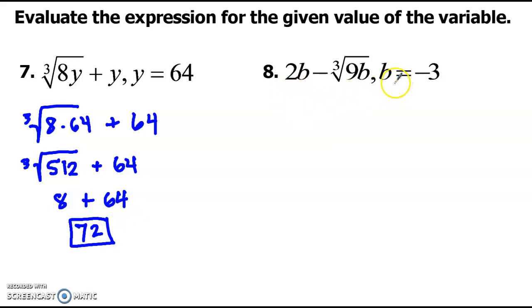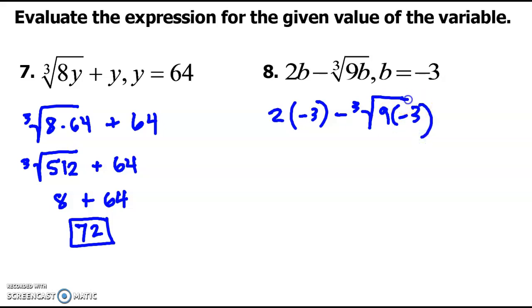Number 8, we're going to plug in b equals negative 3 to every b value that we see. So 2 times negative 3 minus the cube root of 9 times negative 3. And we're going to simplify. So here we have negative 6 minus the cube root of negative 27.